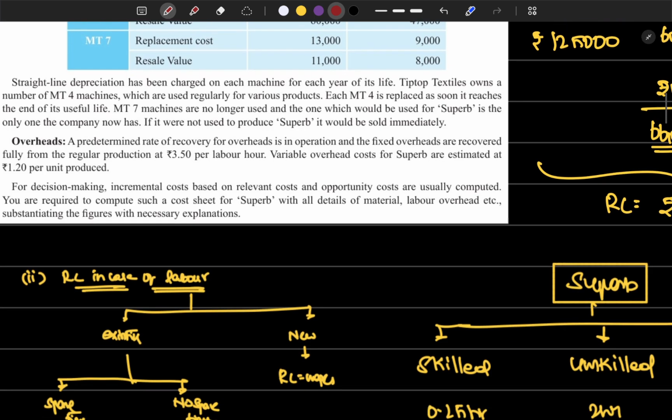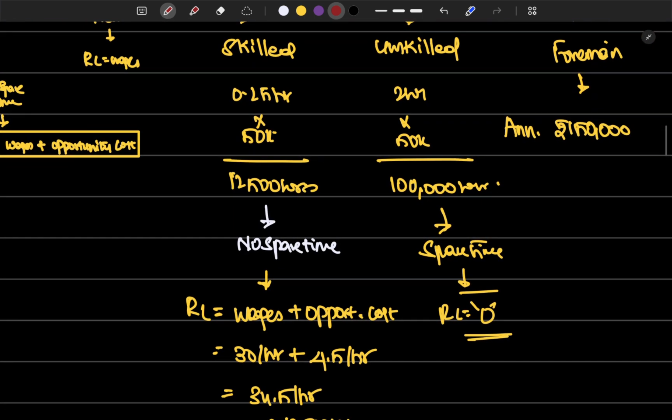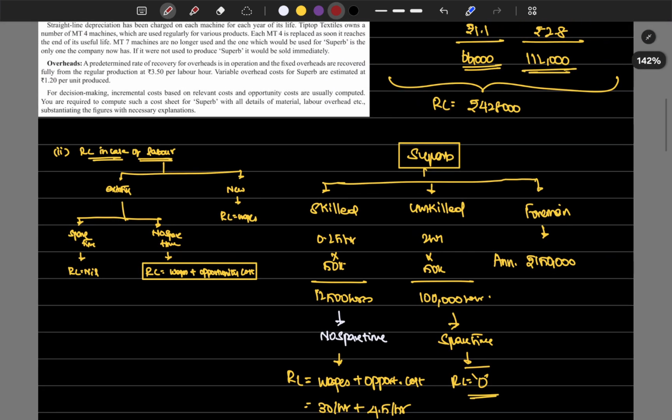So the company will be paying only 60,000 since he has achieved his retirement. But since we have taken a project of Superb, we have considered him for another 1 year. He has to supervise the entire production year.